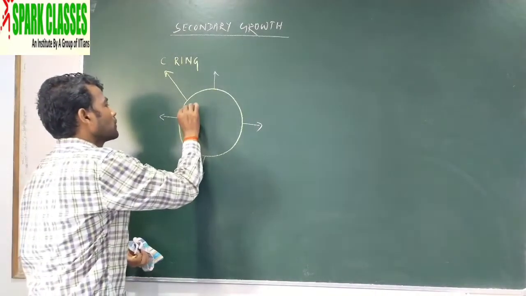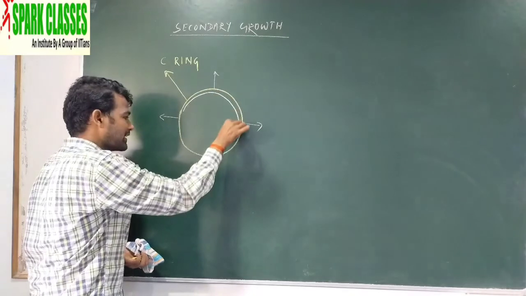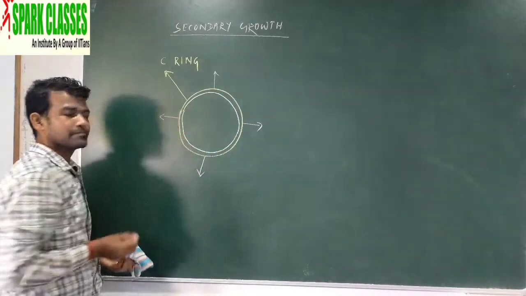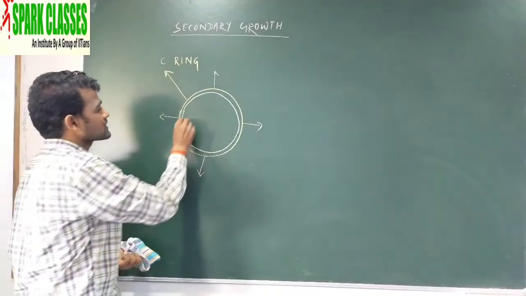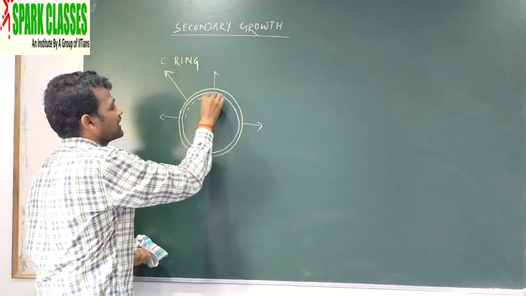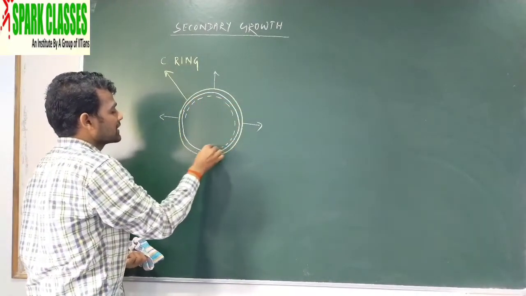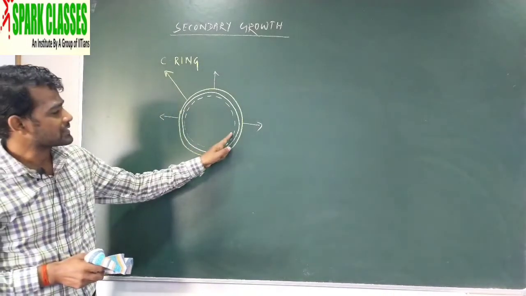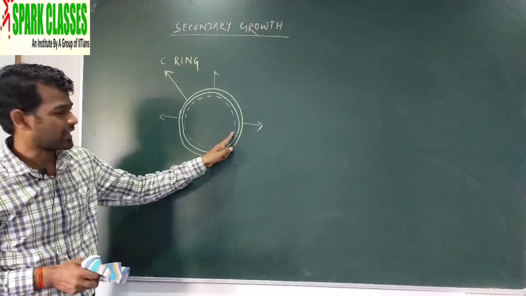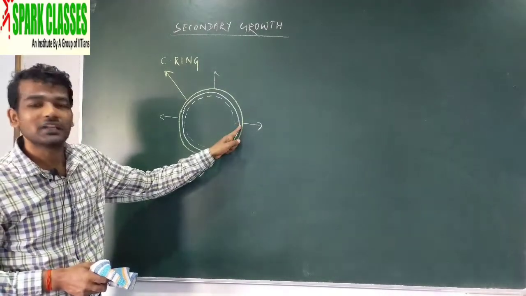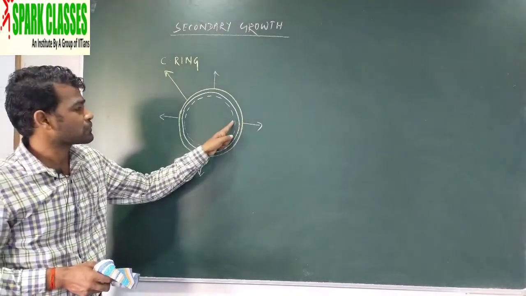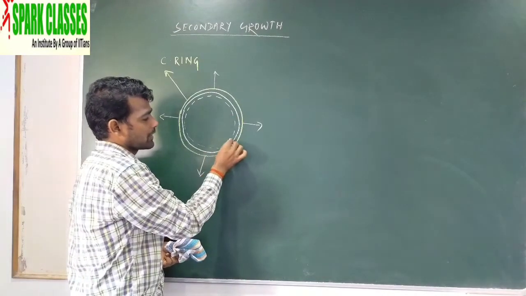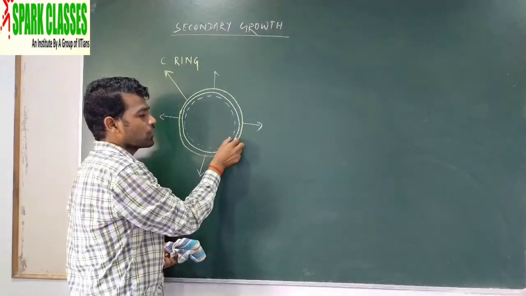First there is a dark layer, dark colored and high density. Another layer is light colored and low density, and these two layers are produced in 1 year. The light one is called early wood, or spring wood, and the dark is called late wood, or autumn wood.